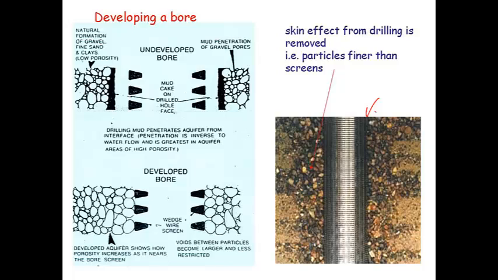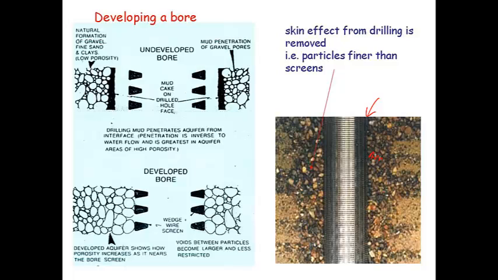So that's what's being shown here, where the screen was put in the hole, and in this case, the formation was just allowed to collapse around the screen. So there's no filter pack put in here after the screen was put in. The formation was allowed to collapse, and then it was developed, and the particles around here were removed during the development process.